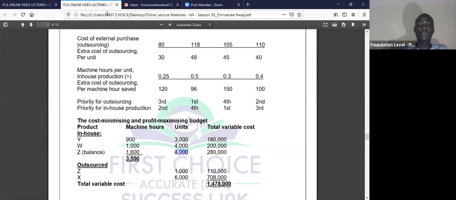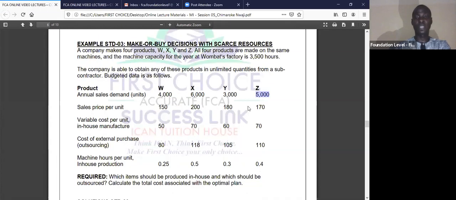Now, what are their total variable costs? The total variable costs, you will use the number of units. Let me show you the example, the Z. This 4,000 units multiplied by what is the in-house cost for Z? 70 naira.